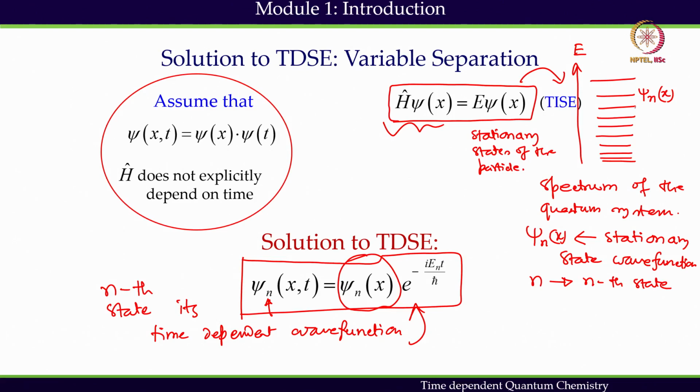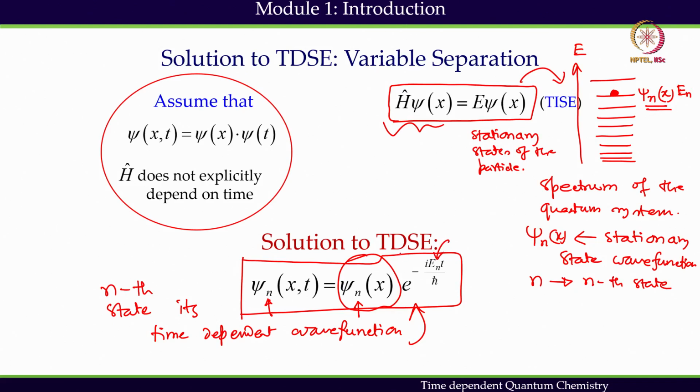Let us say the particle is in this state, that is why I have taken psi_n, and its associated energy E_n. E_n is the associated energy of the particle.